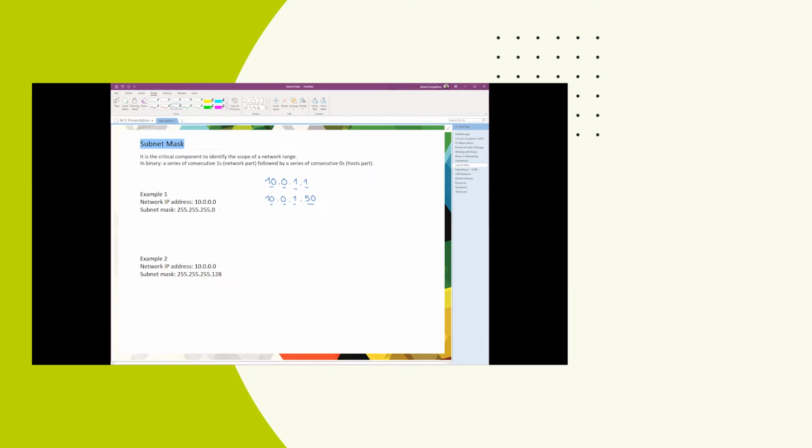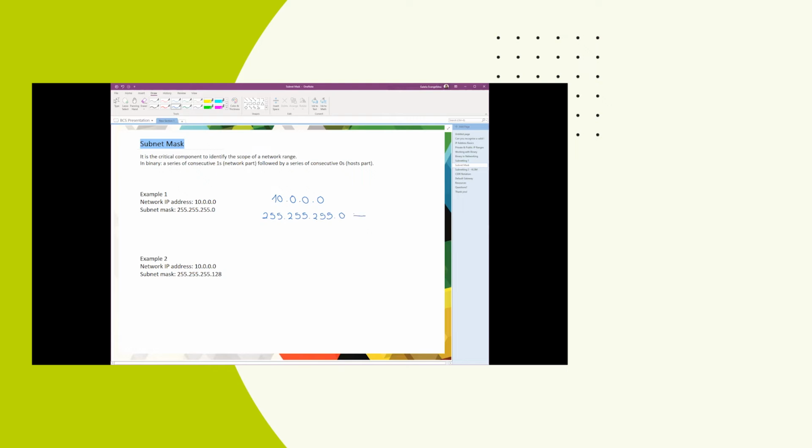Let's work on this example number 1. We have a network, let me erase all this from here, 10.0.0.0. And the subnet mask is 255.255.255.0.